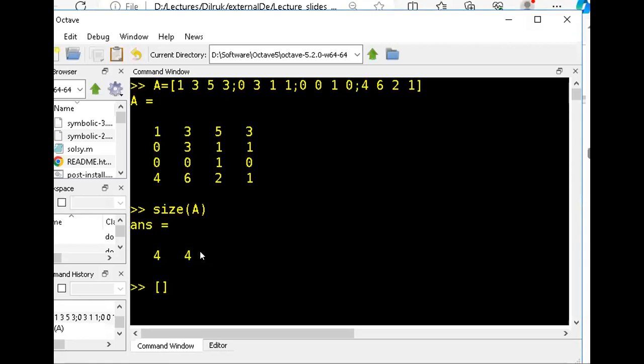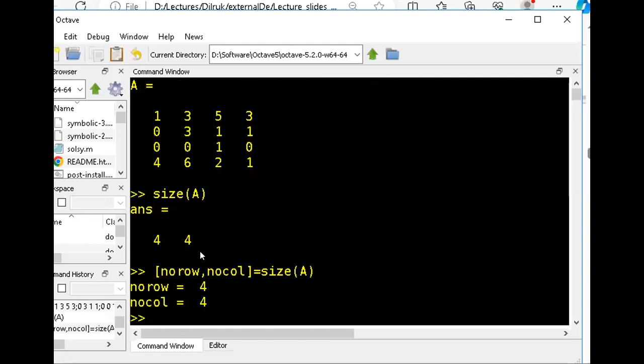You can define the number of rows and the number of columns, just give names, then put size. Then you have the number of rows and columns like this.